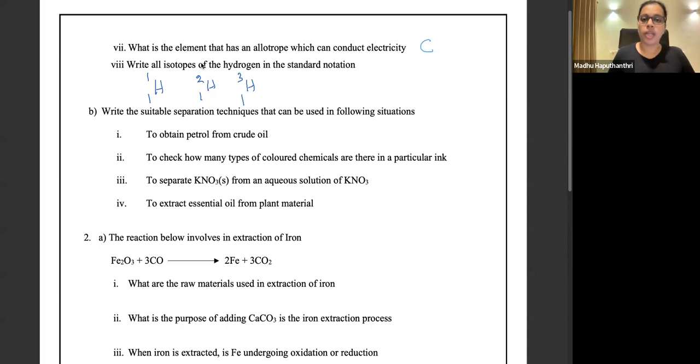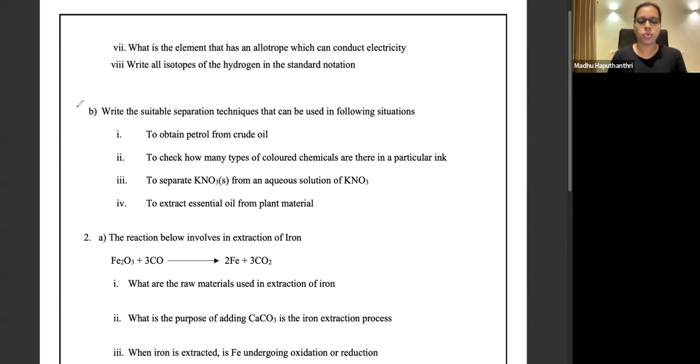This deuterium H 1 2 isotope is less abundant than that. Tritium is extremely less, and tritium is slightly radioactive also. Right, they are not relevant for the O-level exam. Part B. So natural occurrence is there for all 3. Hydrogen, deuterium, tritium, naturally all 3 are occurring.